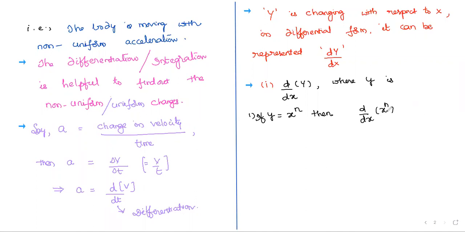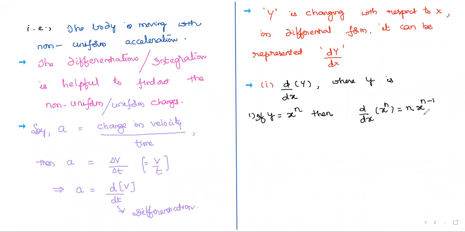Try to remember this. I am slowly writing here. X power how much is there? n. So first you write n into x power, and reduce its value by 1. Reduce means minus 1. Now you understood how I wrote this? d by dx of x power n equals n x power n minus 1.